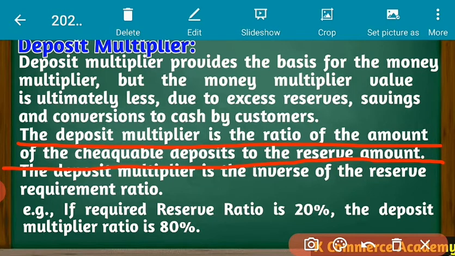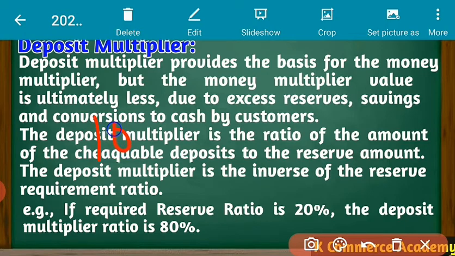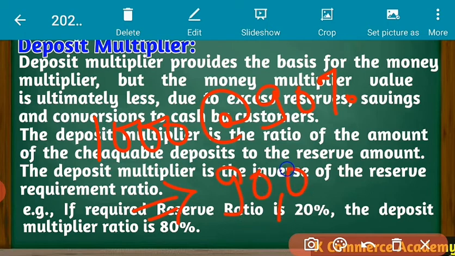Clear? So it means with the same reserve of rupees 1000, suppose we are taking again the same example, where the CRR was 10%, so the credit multiplier was 10, so the deposit multiplier will become how much? 90%, and it will create a deposit multiplier of 90,000.